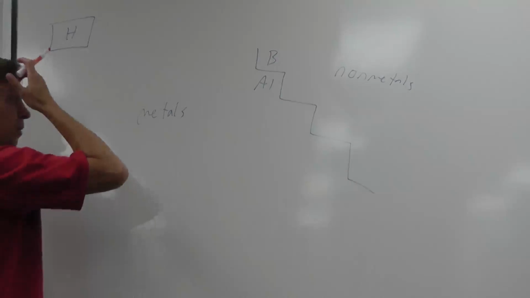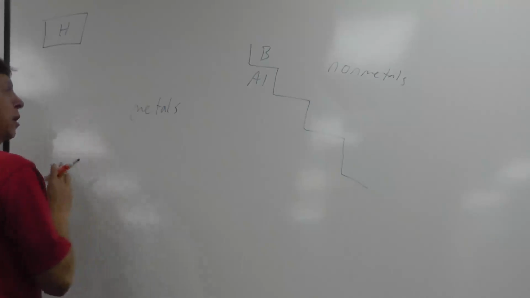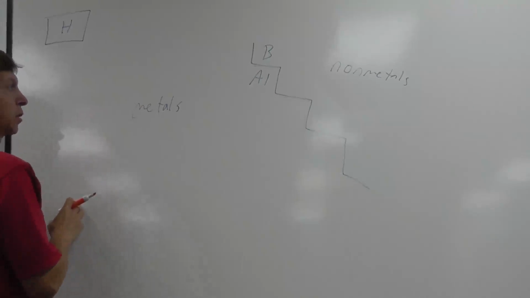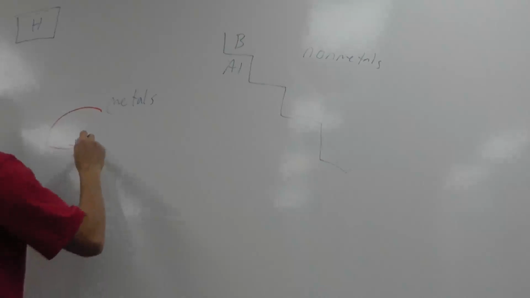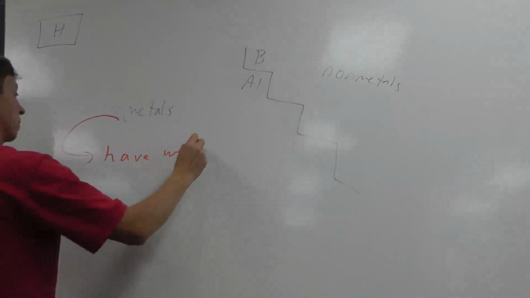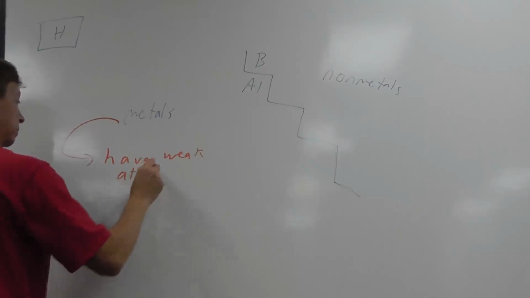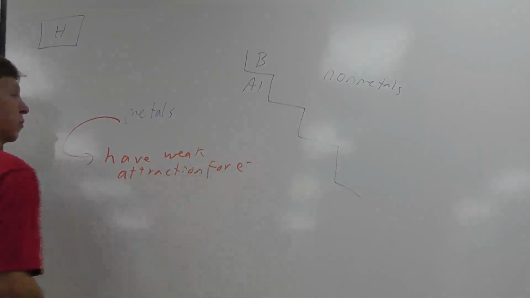And there's other properties we could list, but we won't. The important thing here is that those conductivity properties, as well as a whole lot more of their properties, all derive from one fundamental property, and that's that metals have a weak attraction for electrons.